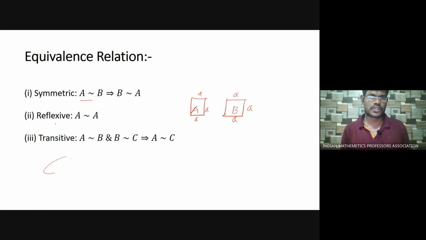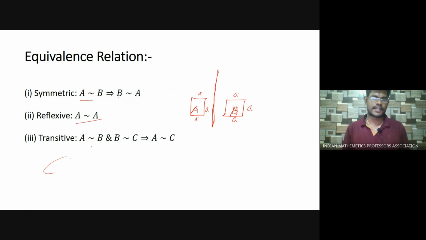Then the reflexive concept. Suppose I put a mirror here. I can display this A, so the mirror will display A. That is the reflexive concept.